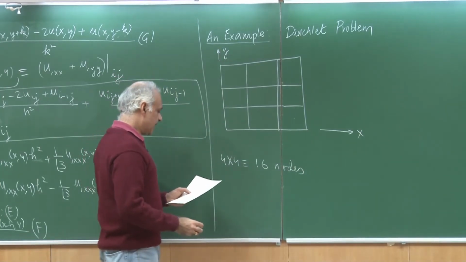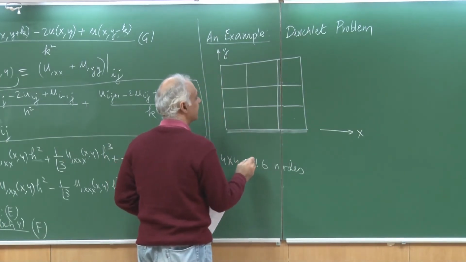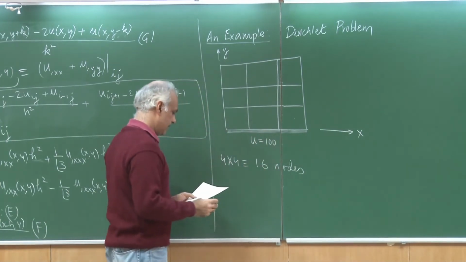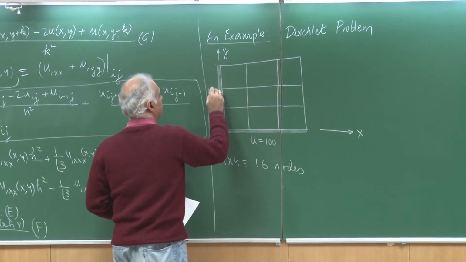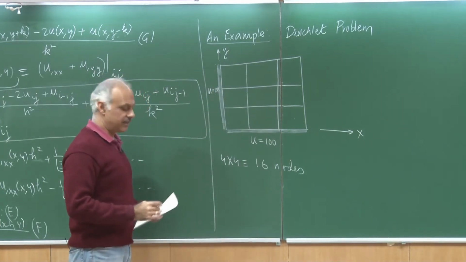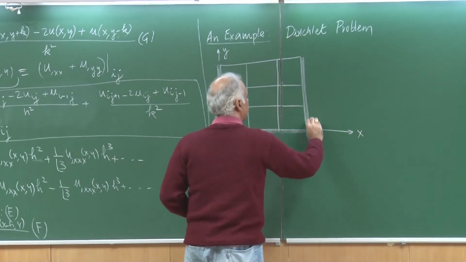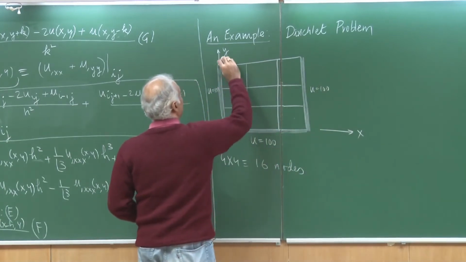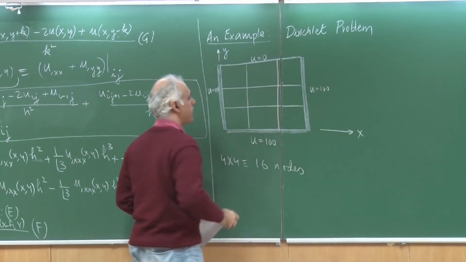The boundary conditions are the following. On this boundary, it is a Dirichlet problem. So, I am going to specify that my u is 100. On this boundary as well, I will specify that my temperature field has a value of 100, and on this boundary as well, let me again put it as u equal to 100, but on this boundary I have a lower temperature field, and let me say that is 0.